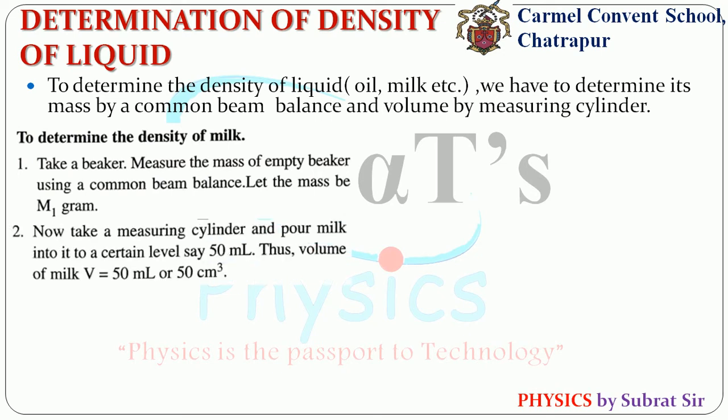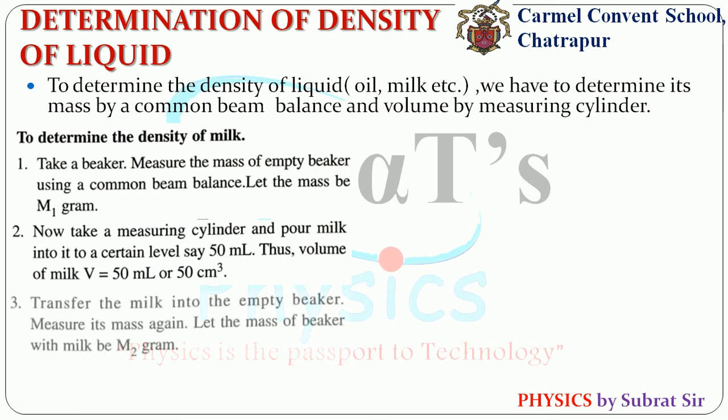In the second step, you pour the milk into the vessel, and then the volume has to be measured. Suppose the volume is 50 ml, or you can write it as 50 centimeter cube.